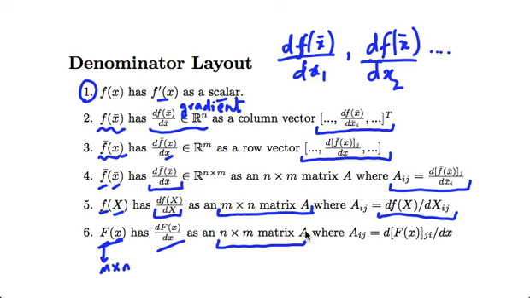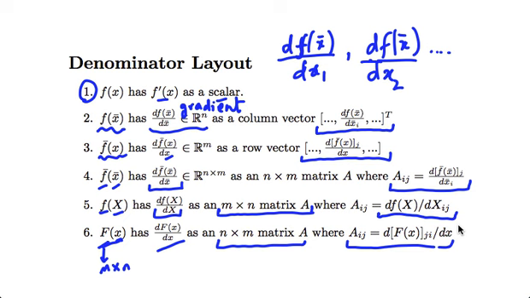It's a matrix A whose ijth element, aij, is how much does capital F's jith element change when I change x by a small amount. Great.